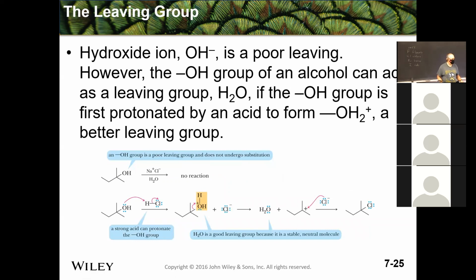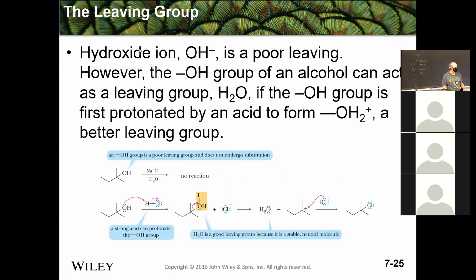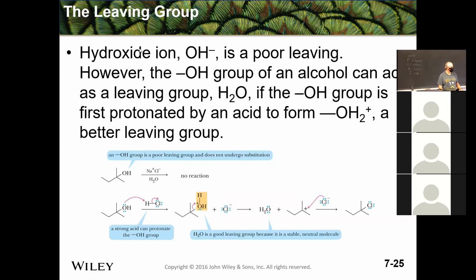However, the OH group of an alcohol can act as a leaving group if it is first protonated by an acid to form OH2+, which is a better leaving group, namely water.